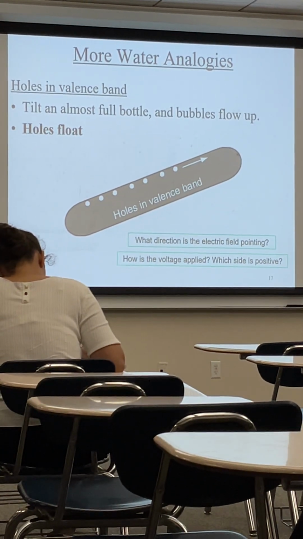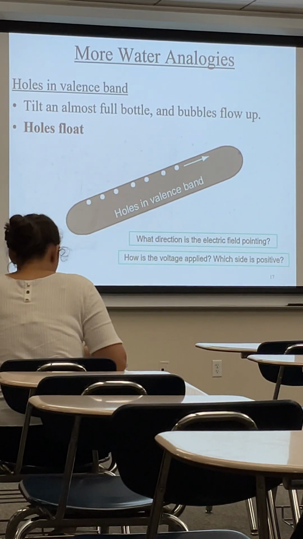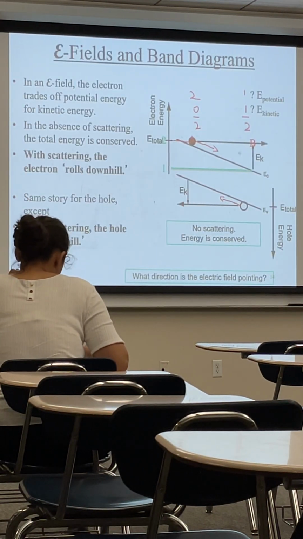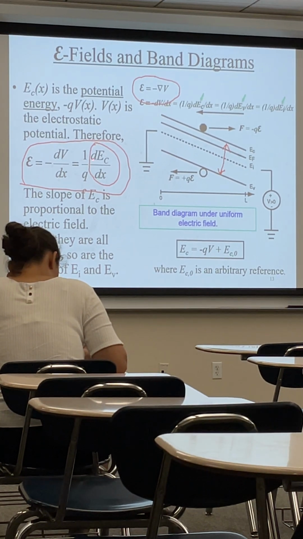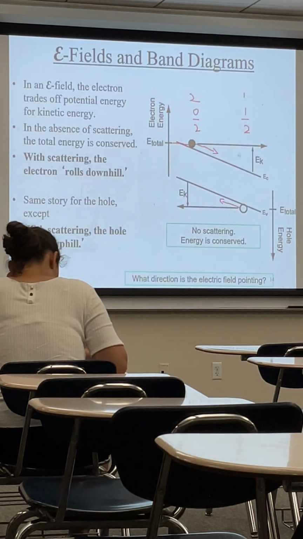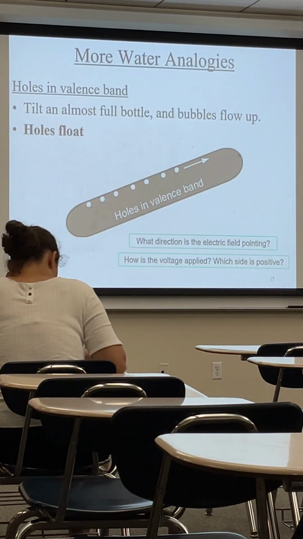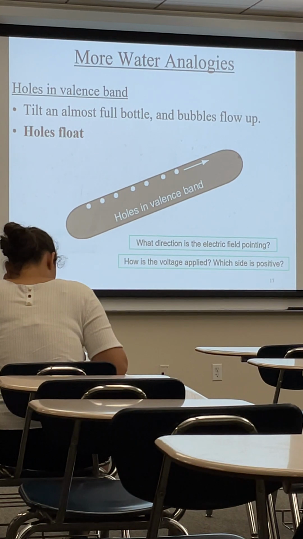Okay, so this is one way, and another way is using the definition of the electric field. The definition is related to the slope, dEc over dx, and here this slope is positive, which means it is along the positive x direction.